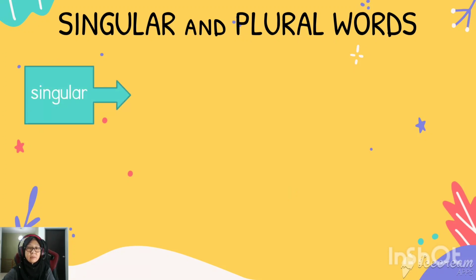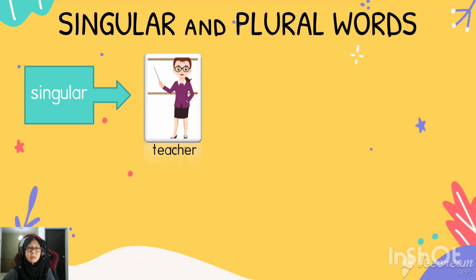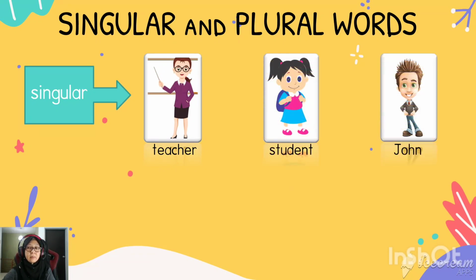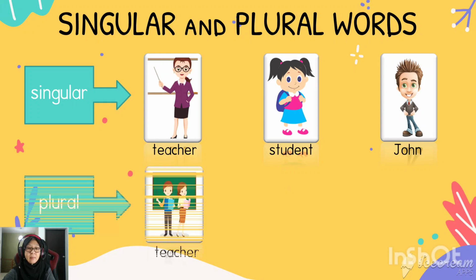For example, singular: teacher, student, and a boy named John. Singular means one. So, as you can see here, there is one teacher, one student, and one boy named John. Plural means more than one. So, how many teachers can you see here?